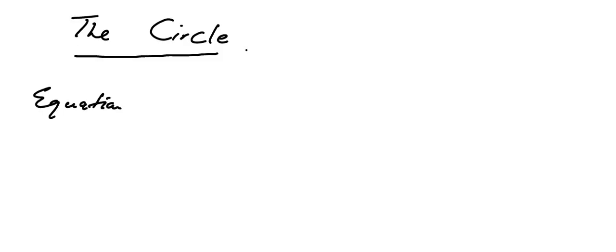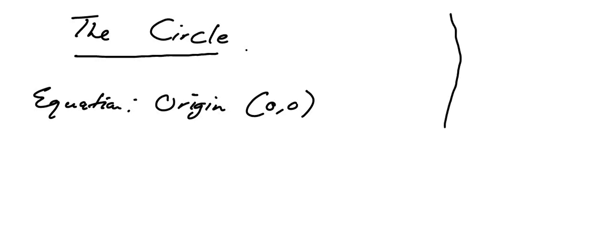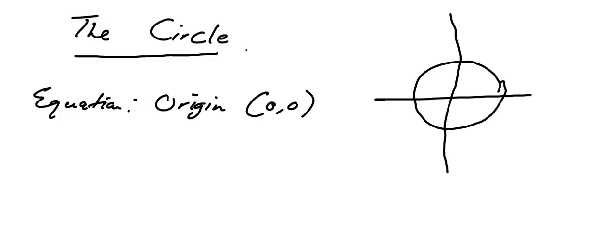If a circle is at the origin, 0, 0, obviously you know a circle is going to look like this. There's a distance from the origin to the circumference, so this distance is your r. So the equation would be x squared plus y squared is equal to r squared. That's the form of an equation at the origin.